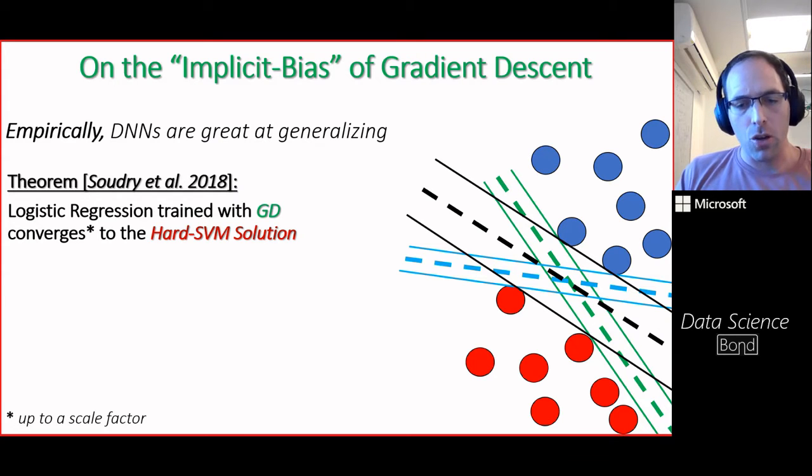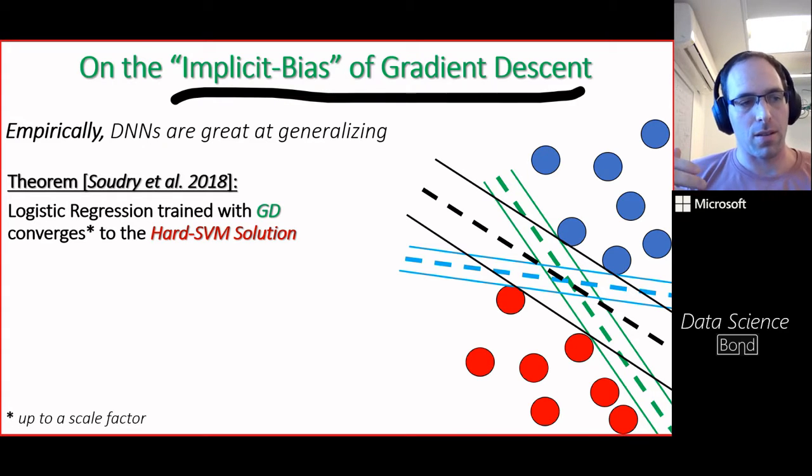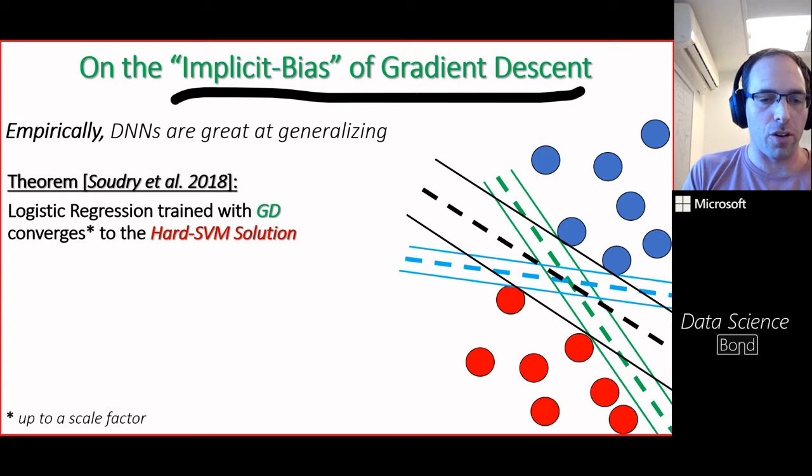Trained with gradient descent, you converge to a very specific solution that now has these two properties: it generalizes very well, and you can specify it using some equations. This property of gradient descent is called the implicit bias of gradient descent, because it is implicitly converging to a very specific solution.